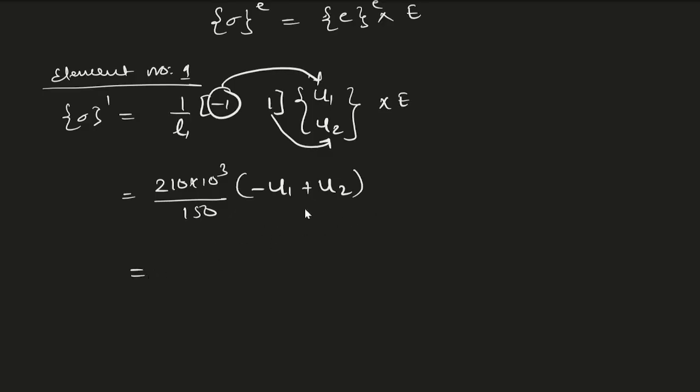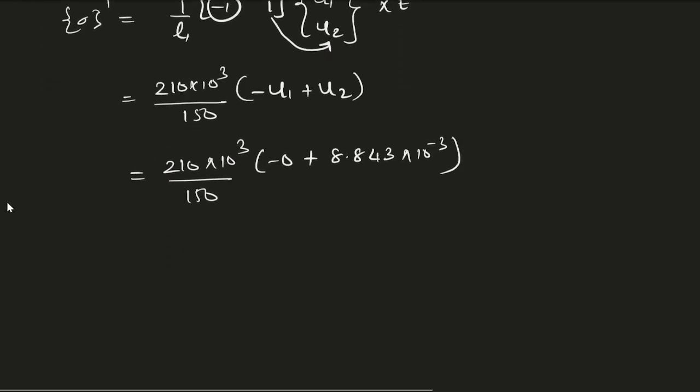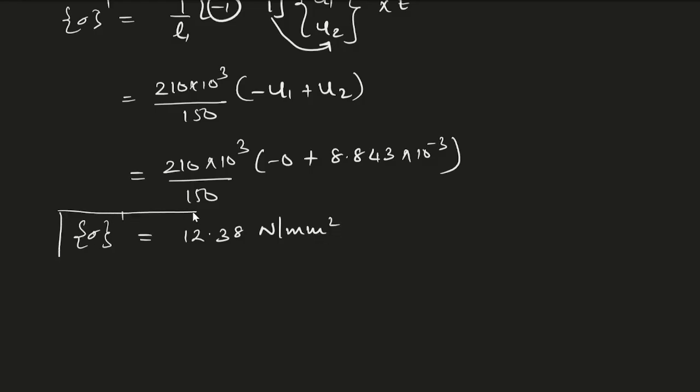If you put the value of U2 we got, 210 into 10 power 3 by 150 into minus 0 plus 8.843 into 10 power minus 3, we'll get the stress for the first element equal to 12.38 Newton per mm square, which is tensile, because it is a positive value.